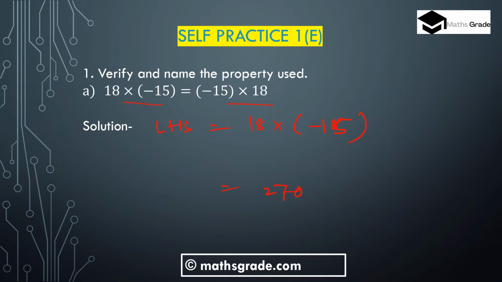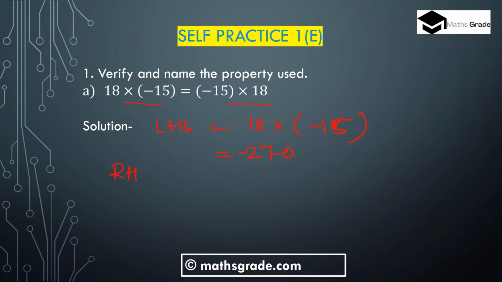It is 270. And there is minus sign, so multiplying positive with minus, plus minus is minus, so put the minus sign.